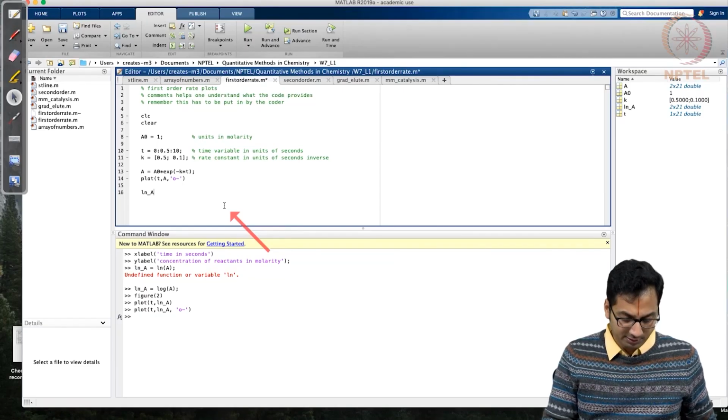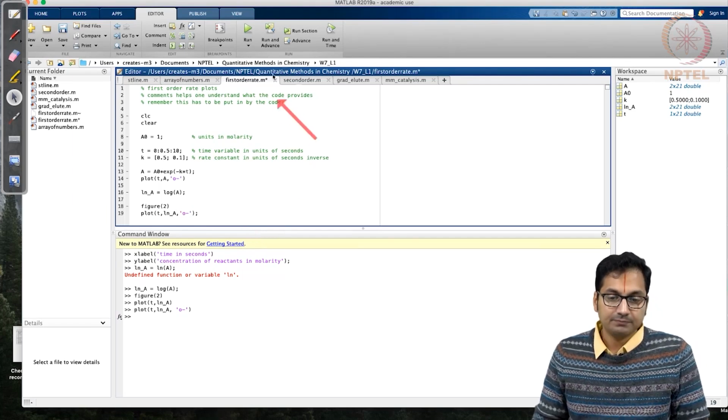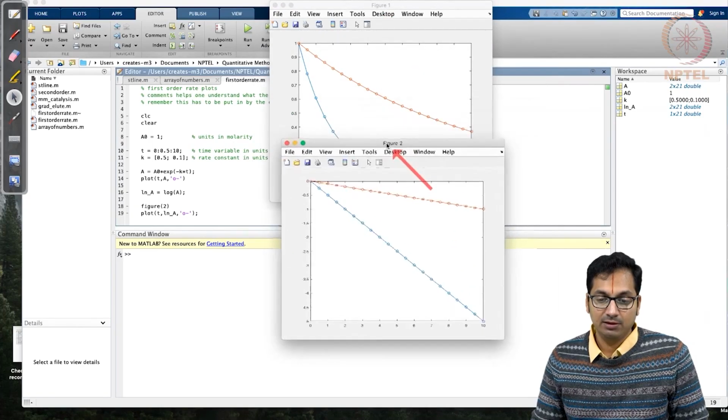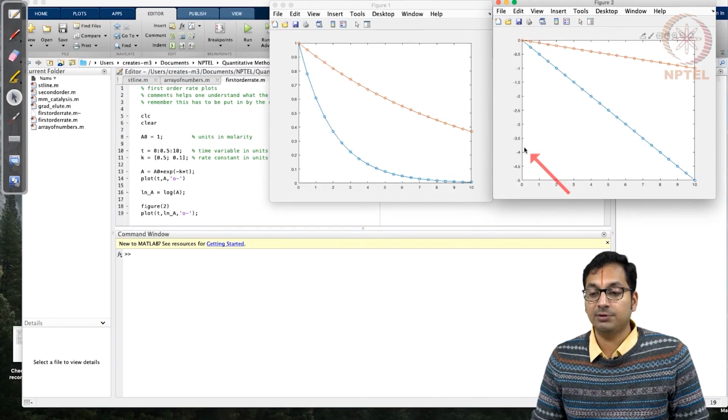So I can write ln A. Next time this also gets done automatically. So what ends up happening, you have two figures, figure 1 that shows A as a function of t, the other one that shows ln A as a function of t.